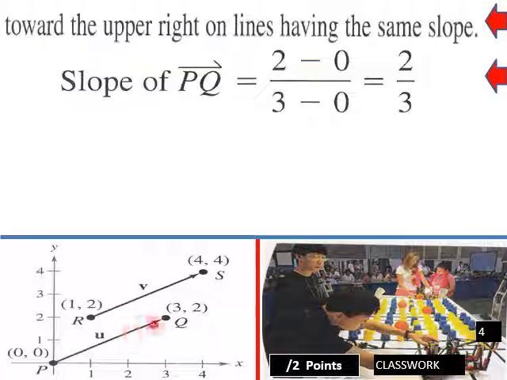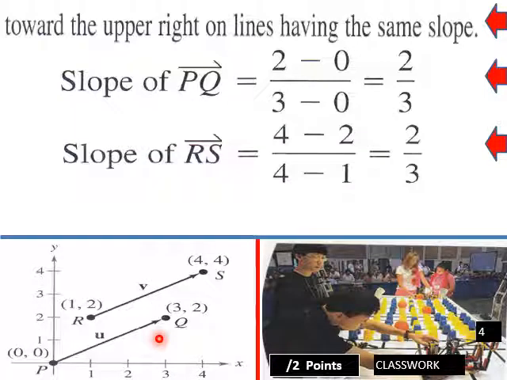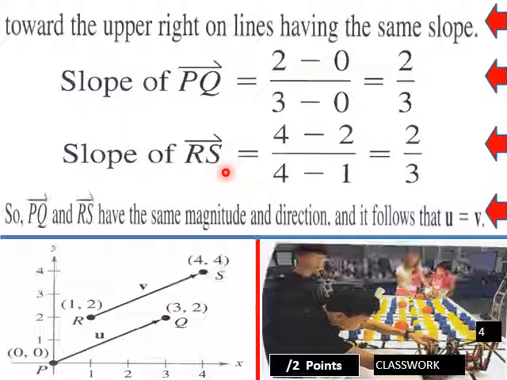So you have a slope of 2/3 for PQ. And the slope of RS, when you figure our slope here, is 4 minus 2 over 4 minus 1, which is 2/3 as well. So PQ and RS have the same magnitude and direction, and it follows that U equals V.